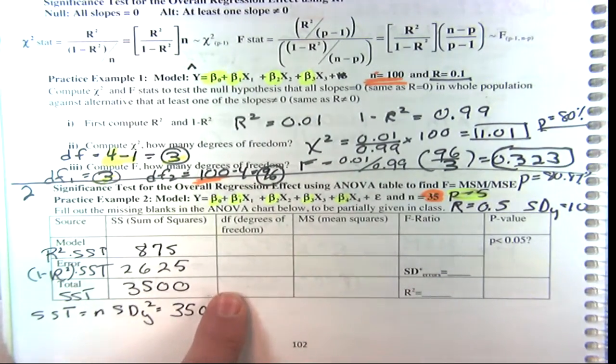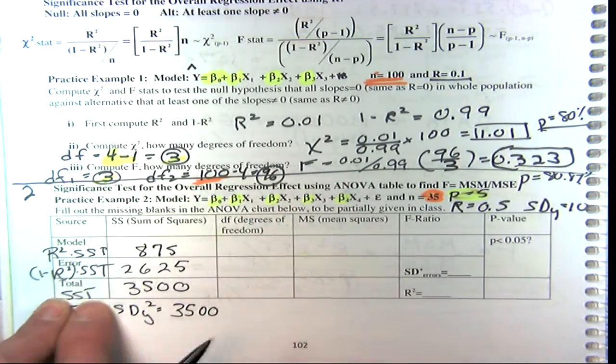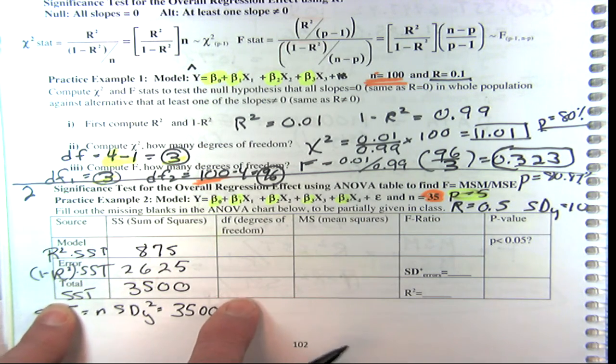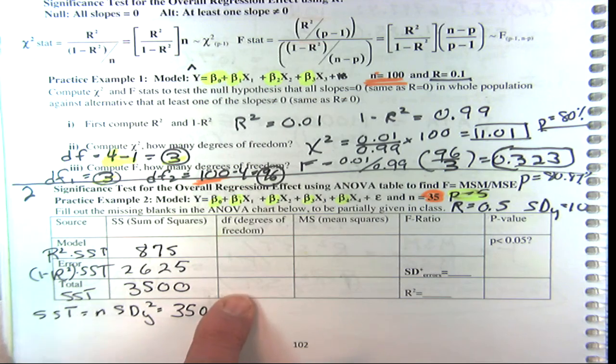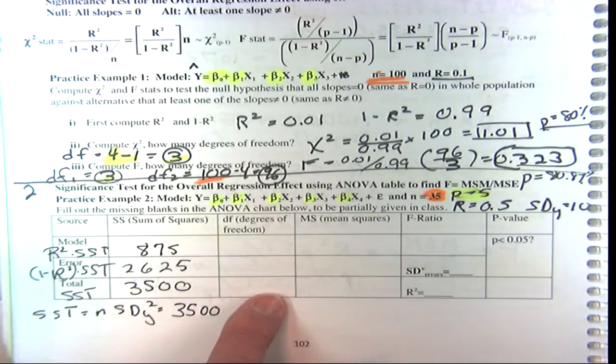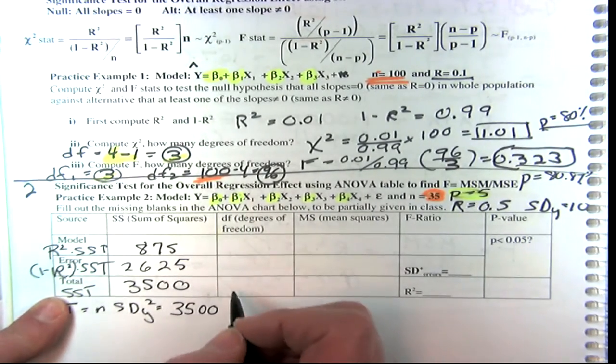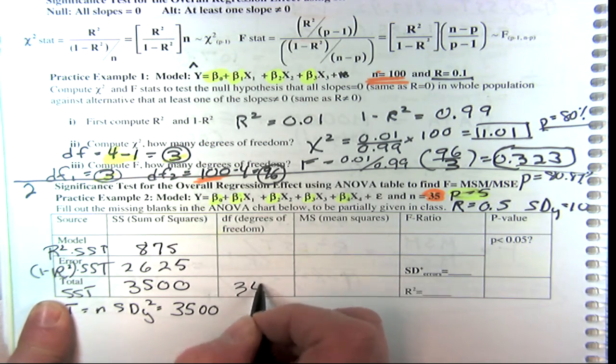So the degrees of freedom corresponding to the sum of squares total, you've already estimated the average, so it's n minus 1. So this is 35 minus 1, that's 34.